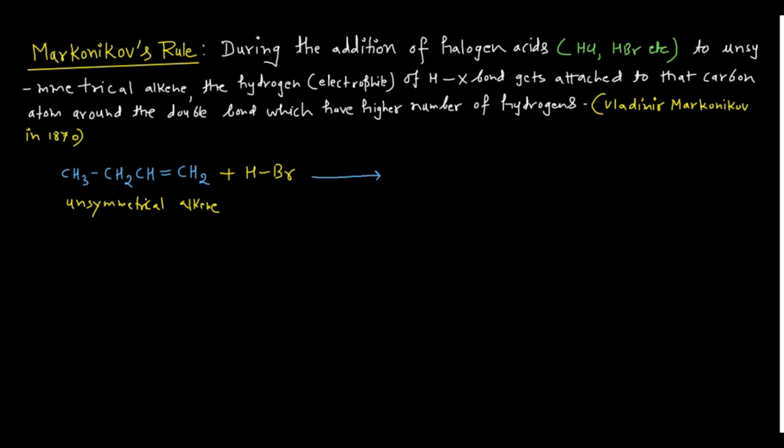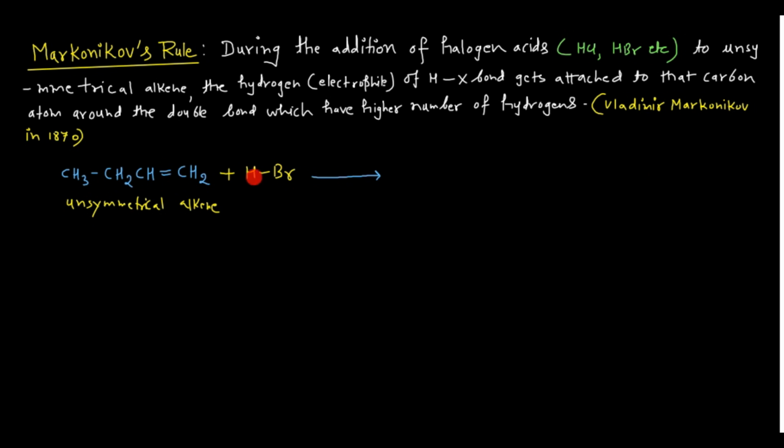He studied this particular reaction, and he came to know that whenever you react HBr-like substances such as HI, HCl or H2SO4 or H2O with an alkene, especially an unsymmetrical alkene, then we get more than one product.